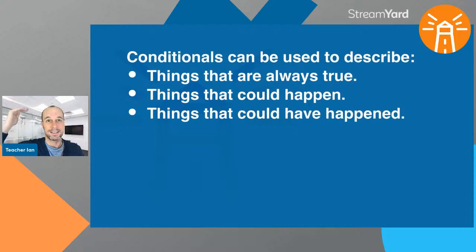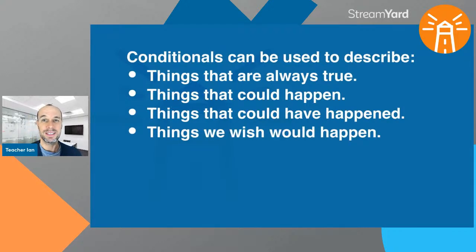I'm already as tall as I'm going to get. So we use conditionals to talk about things that could have happened but didn't, but maybe we wish they did. Things we wish would happen, same sort of thing, but maybe this is something about the future. I really, really want something to happen. Maybe it's possible, maybe it's not possible.